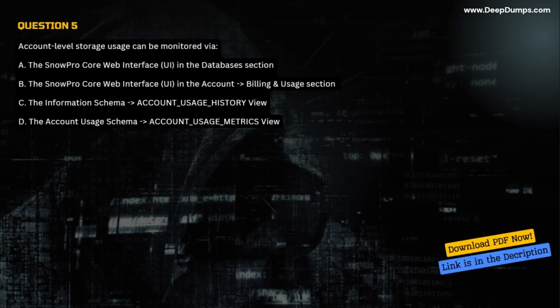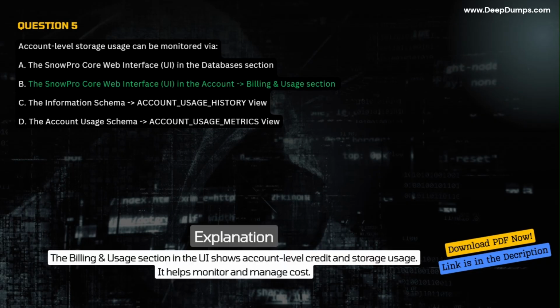D. The Account Usage Schema-Account_Usage_Metrics view. Correct answer B. The Snowflake Web Interface UI in the Account-Billing and Usage section. Explanation. The Billing and Usage section in the UI shows account-level credit and storage usage. It helps monitor and manage costs.